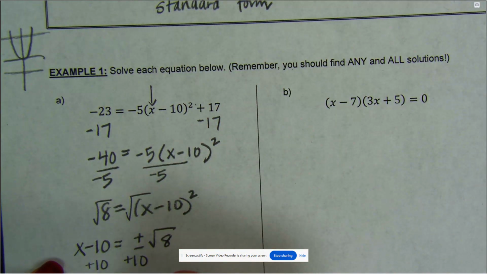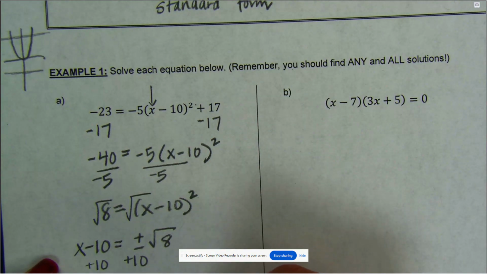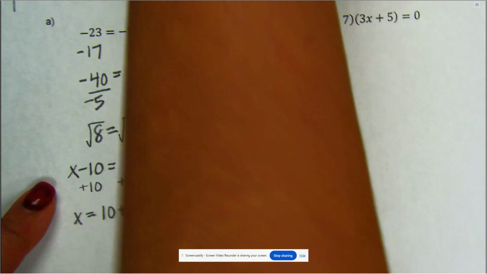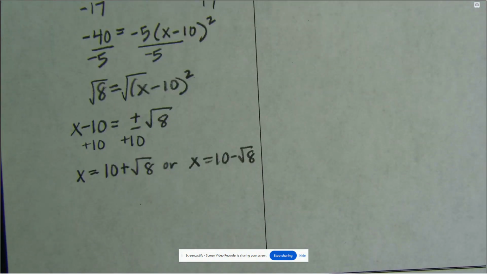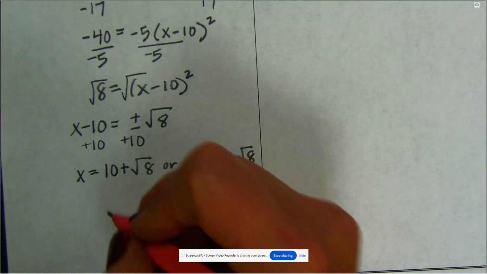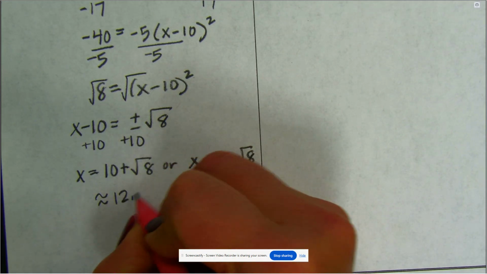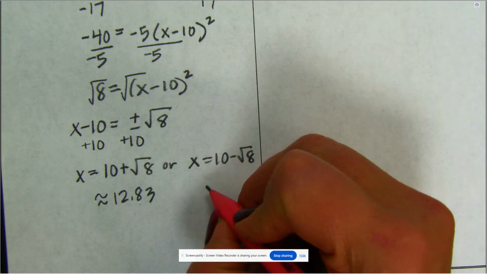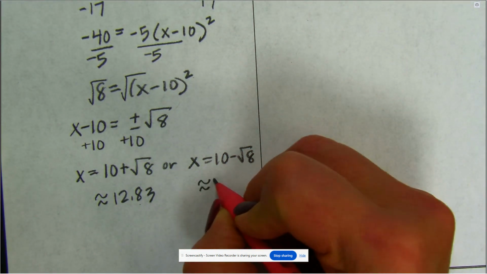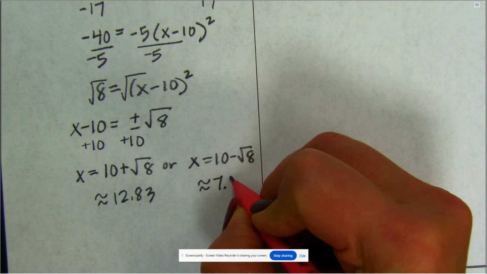So the solutions are going to be 10 plus the square root of 8, or 10 minus the square root of 8. You could leave it like that, or you could find an approximation. 10 plus the square root of 8 is about 12.83. 10 minus the square root of 8 is about 7.17.